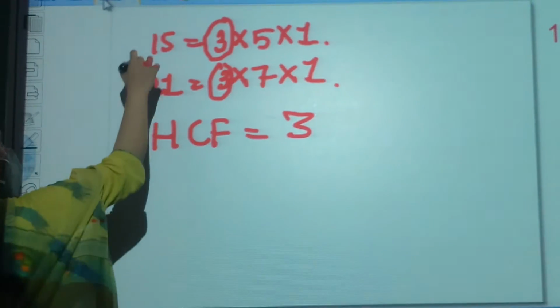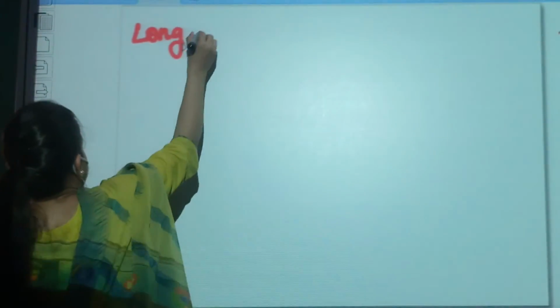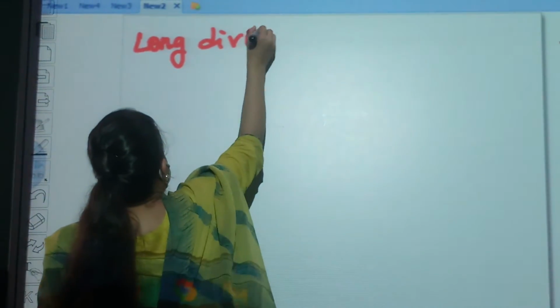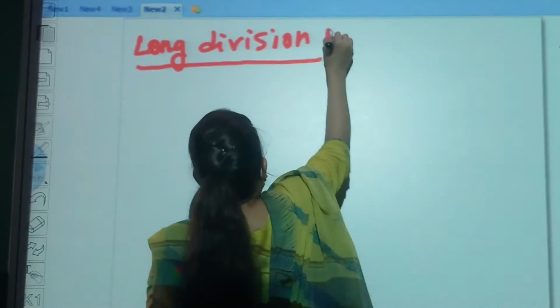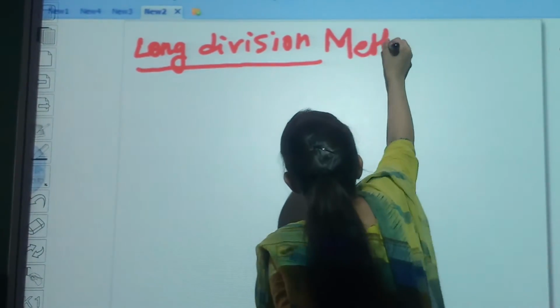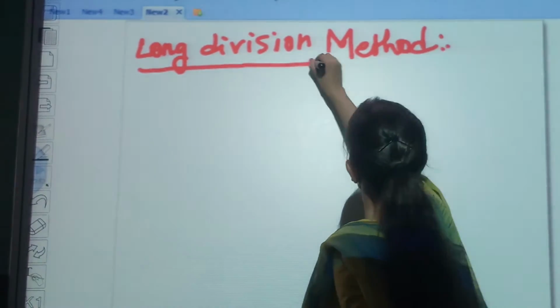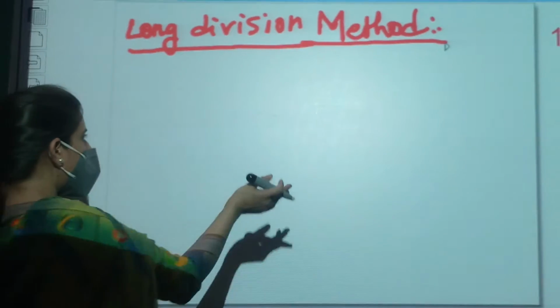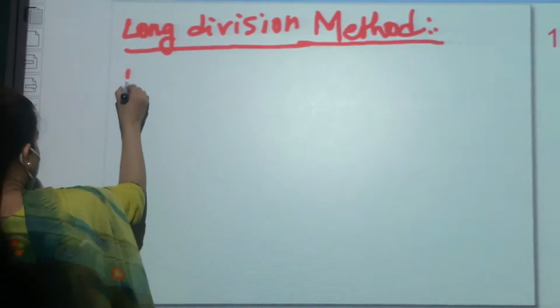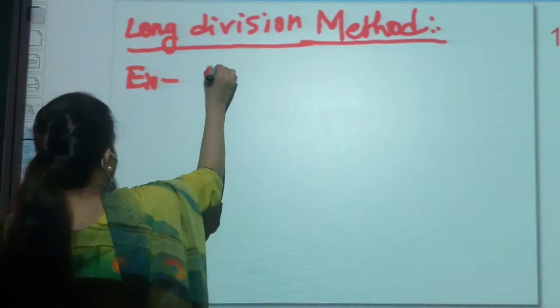Now next we will move to another method of finding HCF, that is the long division method. Alright, this method is easier than the other. For example, find the HCF.